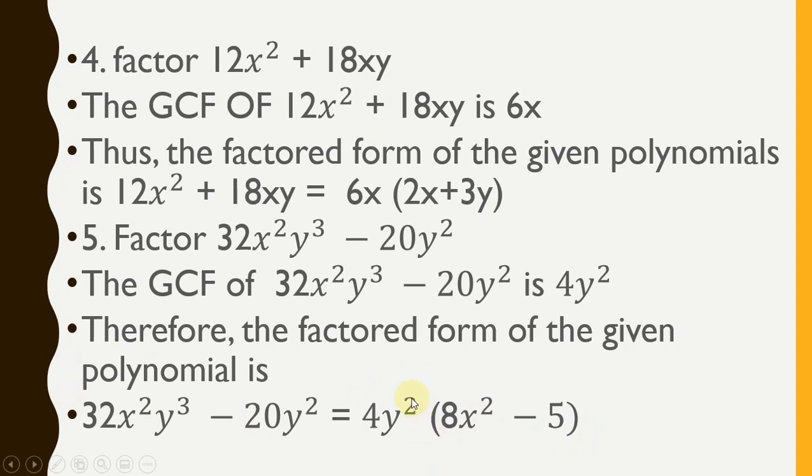Simply divide the GCF into the given. 32 divided by 4 is 8. x squared y cubed divided by y squared, x squared. Negative 20y squared divided by 4y squared, negative 5, since we cancel the variable.